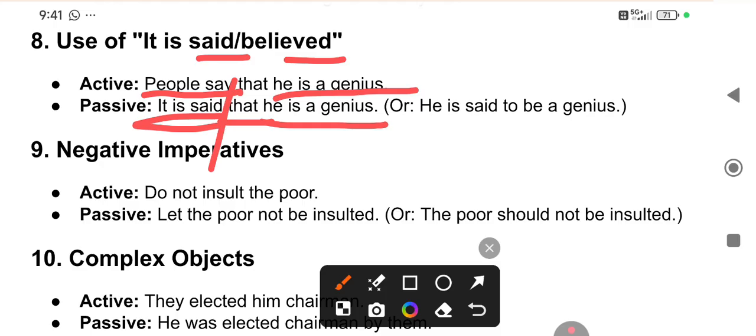This is a different kind of sentence, but you should keep it in mind. When a sentence starts with people say, believe or something, you should add one phrase, that is it is said, and then continue that he is genius. That's an opinion. Someone says, someone opines, so you just have to write this way, right? Okay.